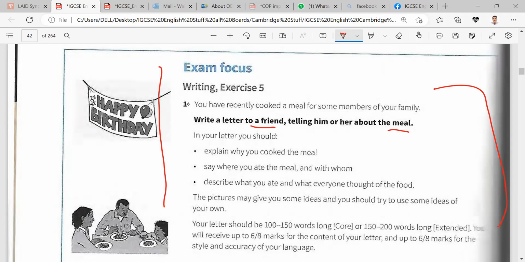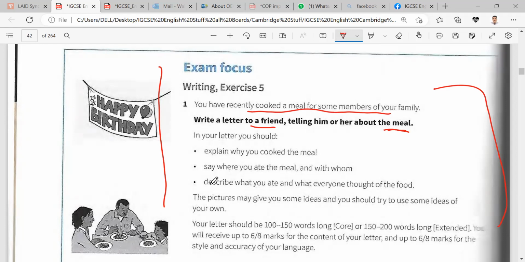So you should read the instructions carefully, shabab. You should define whether to write formal or informal. Here, to a friend or someone you know means an informal letter. About what? The meal you have prepared for your family, as mentioned here in the background information.